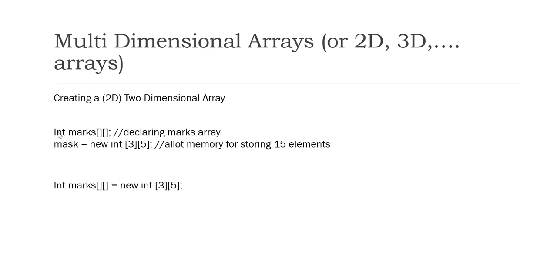And these two statements can be combined like this: int marks, then two square brackets, then new int, and then two square brackets. We will provide the row value and the column value, like rows and columns in a matrix format, right? This is of type int. Similarly, we can create 2D arrays of other data types like character, float, string, and so on.